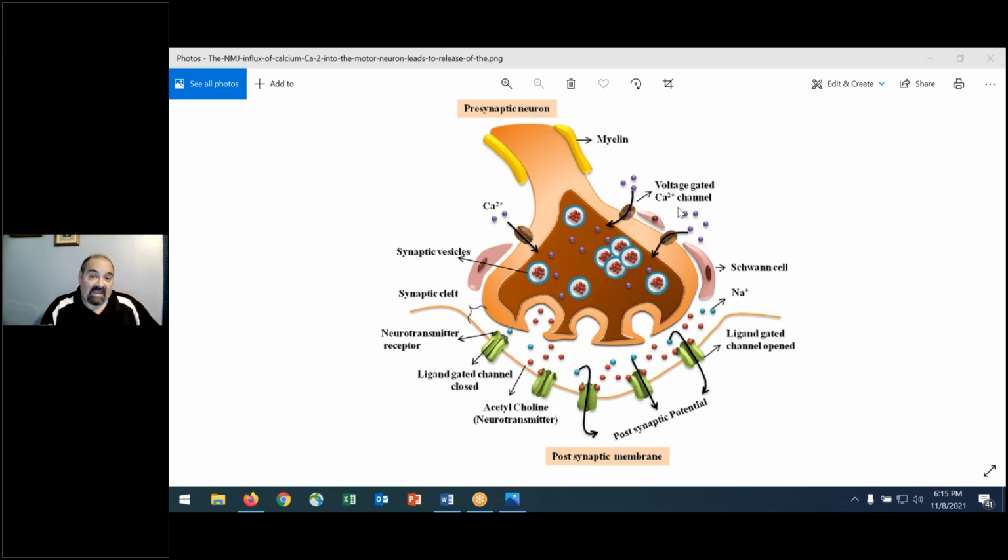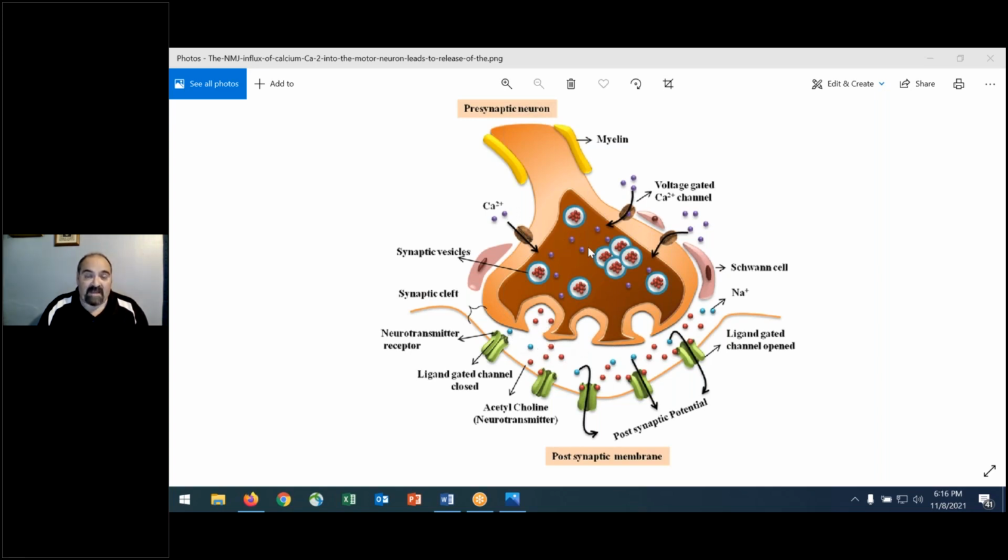It acts as the key. That key will open this channel and allow calcium to enter. When calcium enters the axon terminal, it causes the synaptic vesicles, which contain acetylcholine, to release their neurotransmitter into the synaptic cleft.